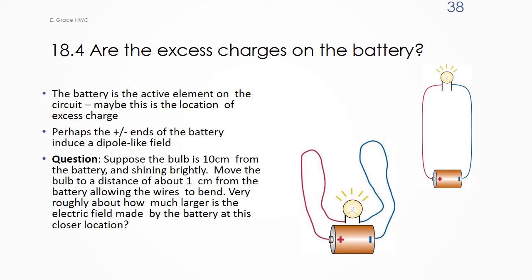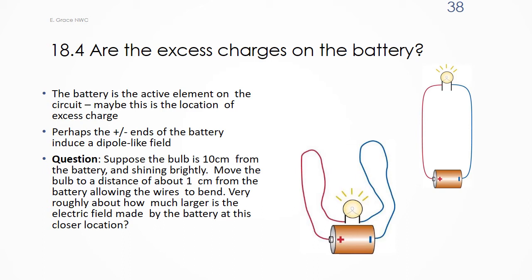What about the battery? So the battery is an active element on the circuit. Maybe it's charged. So maybe the positive and negative ends of the battery are basically inducing a dipole-like field. Well, we can test this really easily. So unfortunately, for those of you who are online, you're going to have to test this next time you're in lab and prove this to yourself.